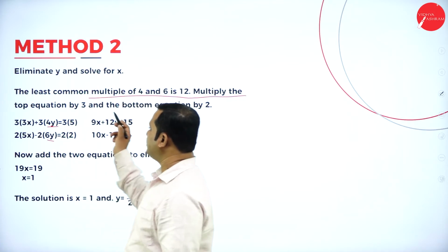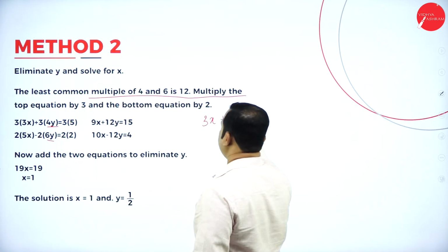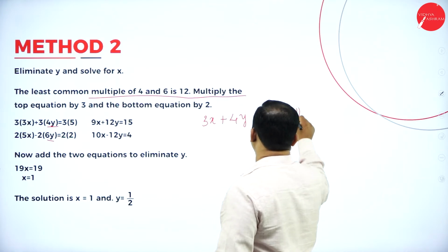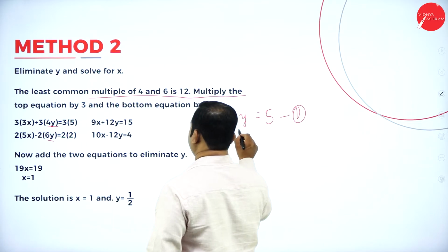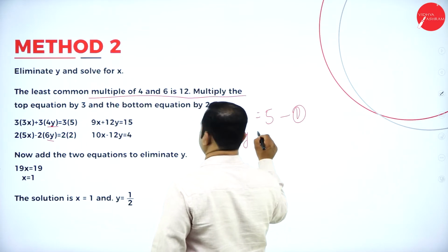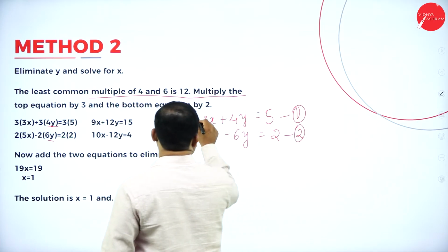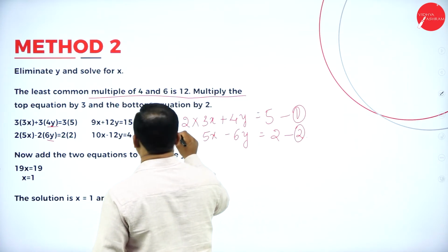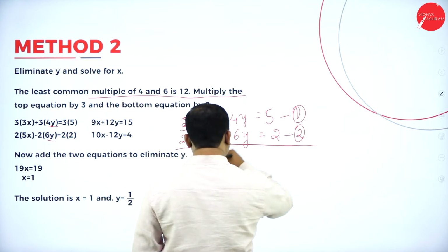So I am multiplying the first equation, that is 3x plus 4y is equal to 5, and the second equation is 5x minus 6y is equal to 2. This is my second equation. Now if I multiply the first equation by 3 and the second equation by 2, what is the value I am going to get?